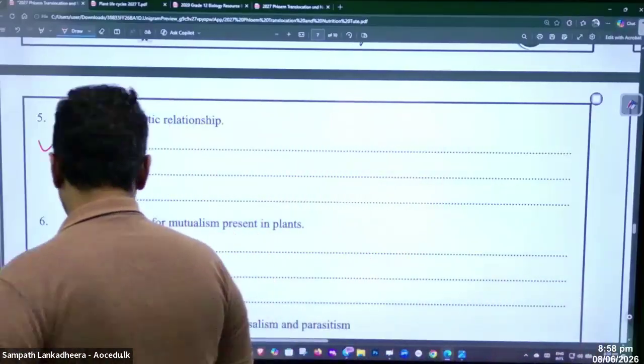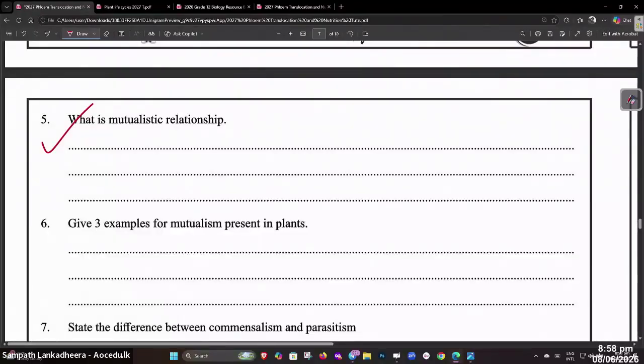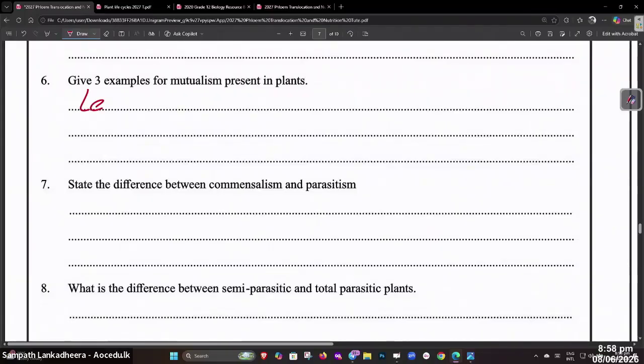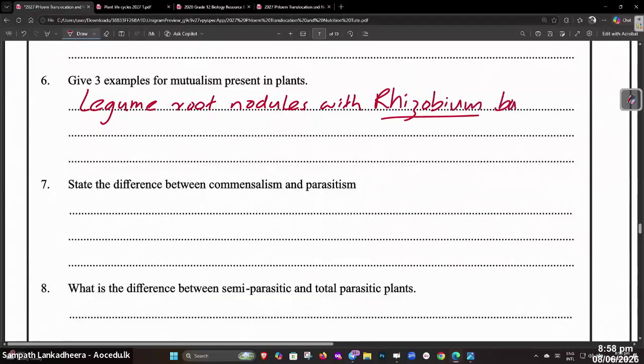Legume root nodules with rhizobium bacteria.